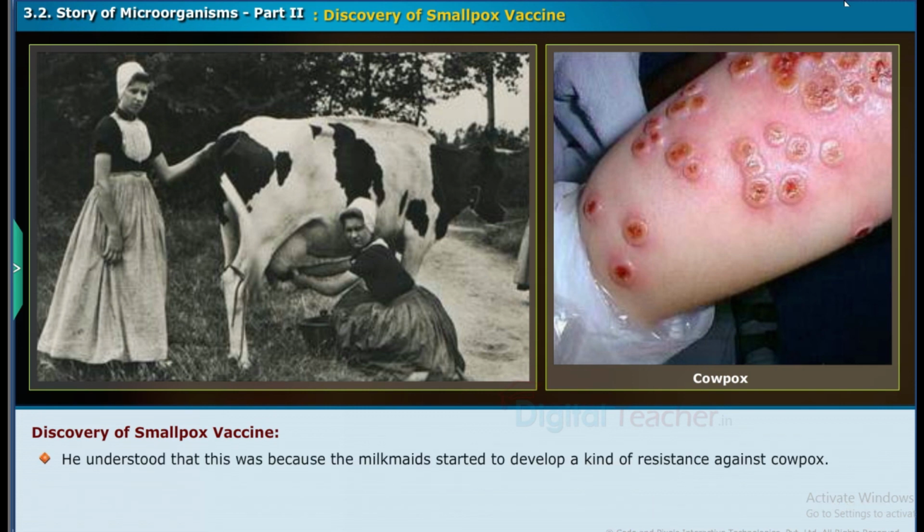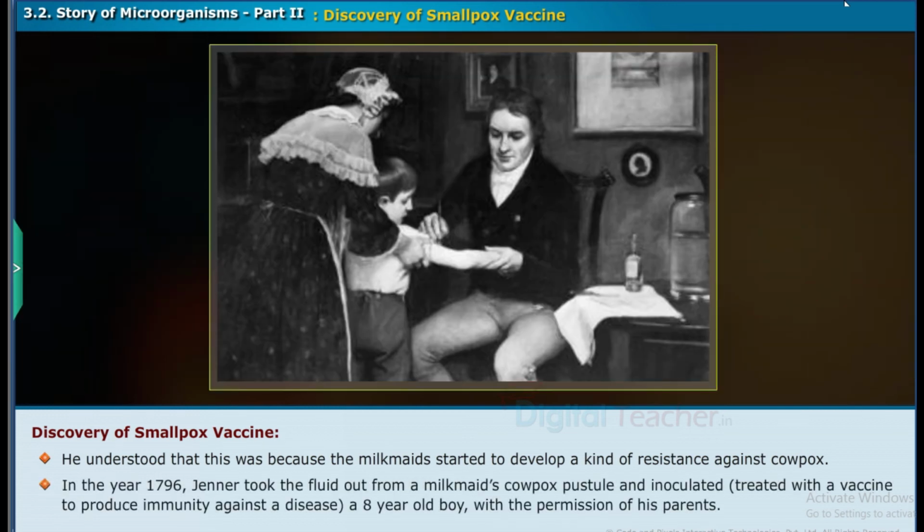He understood that this was because the milkmaids started to develop a kind of resistance against cowpox. In the year 1796, Jenner took the fluid out from a milkmaid's cowpox pustule and inoculated an 8-year-old boy with the permission of his parents.